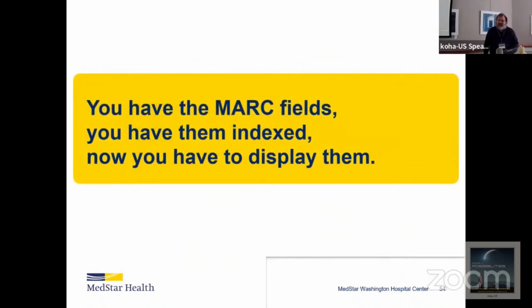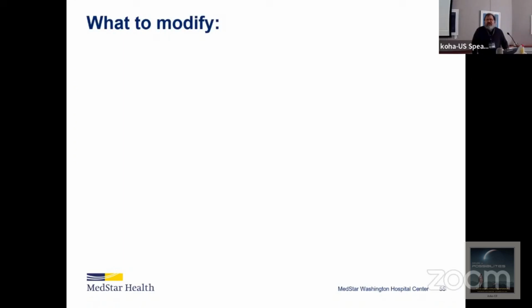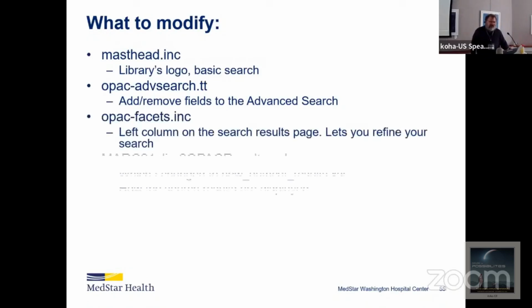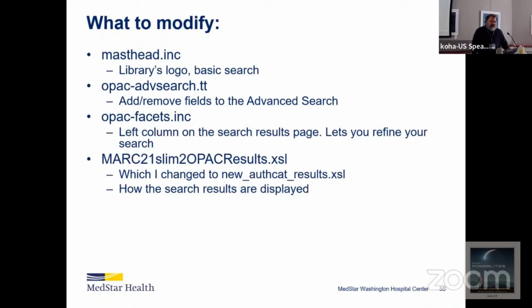Now, the part where I cause programmers to clutch their pearls. Today, and actually, it's probably just as well Nick isn't here. So for my catalog, I had to modify masthead.inc, opac-advsearch.tt, opac-facets, MARC21slim2OPACResults.xsl.